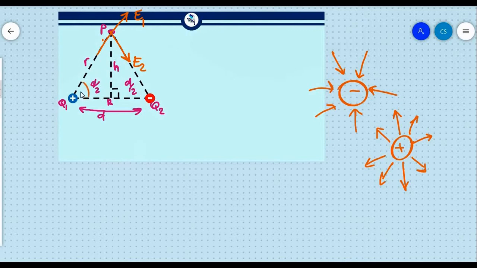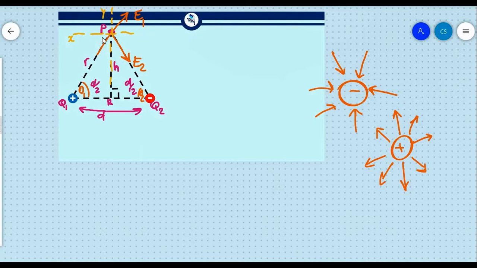There are also angles in this, so let's call that theta 1 and this theta 2. Alright? And it's also important to note that the dipole acts on an axis, okay? So we'll have the y-axis here and the x-axis there, okay?